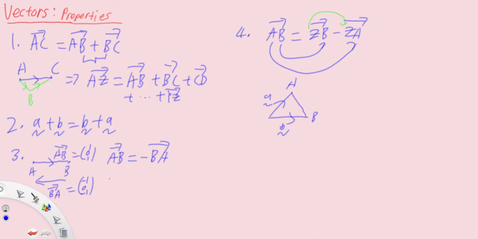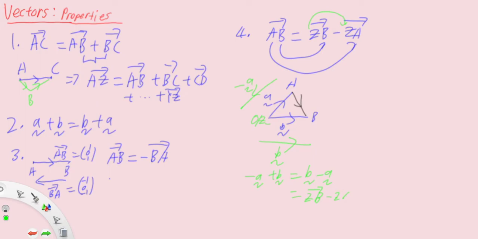We want vector AB, which is this black line here. You notice that in order to go from A to B, the path would be this way followed by this way. The first path is minus A, the second path is B. So we have minus A plus B, and using property number 2, it is B minus A. So whatever this point is, could be O, could be Z, it is ZB minus ZA.